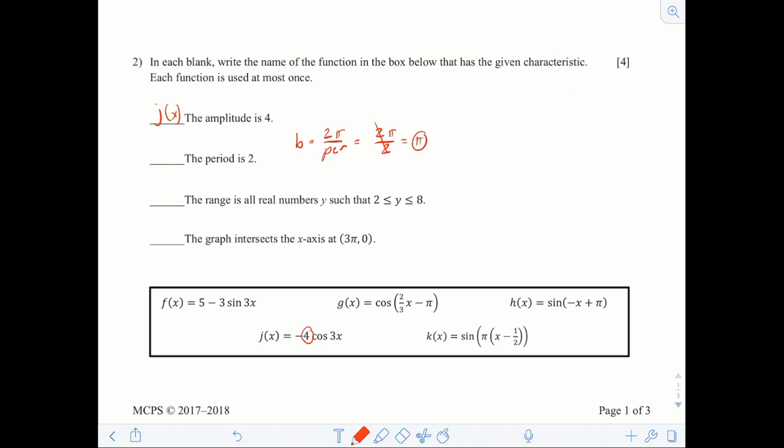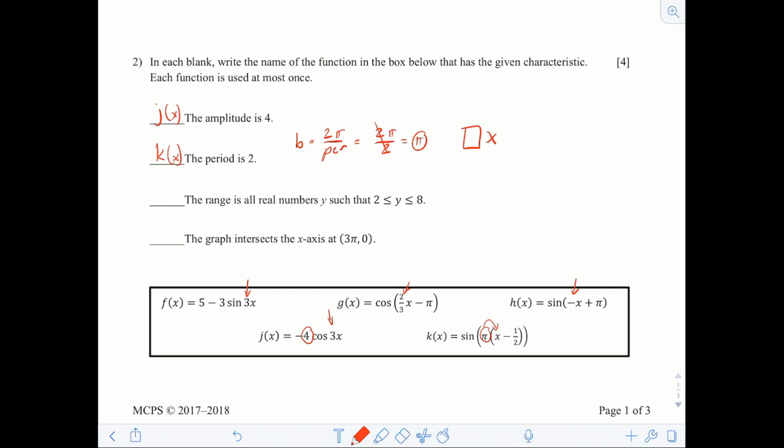So I'm looking for the value that is in front of the x. If I look at the value in front of the x here, that's 3, that's 2/3, that's negative 3, and in this case, even though the pi is on the outside, this pi is technically in front of the x, so this would be k of x.